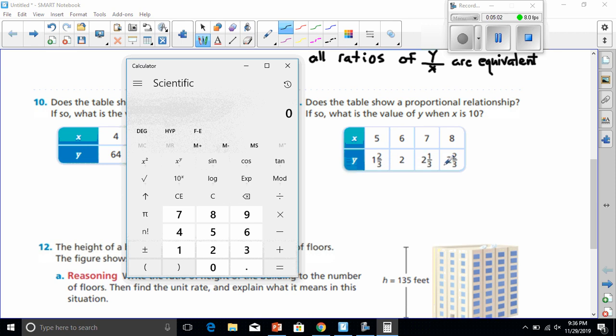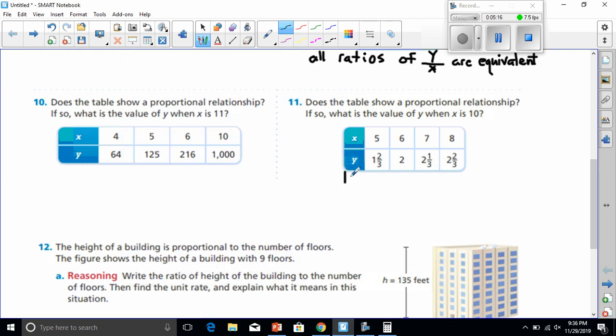Well, we see that we've got some mixed numbers over here, and in order for us to do this correctly, we need to realize we've got a fraction and a fraction. This first one, for instance, is going to really be 1 2/3 divided by 5.